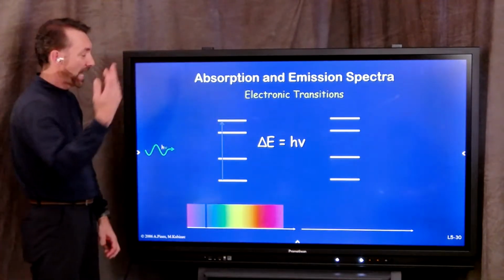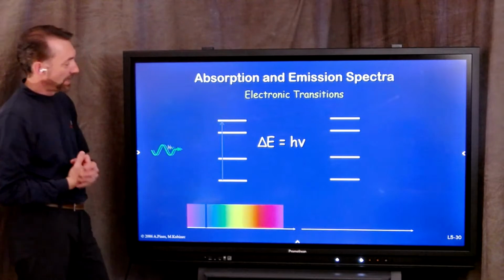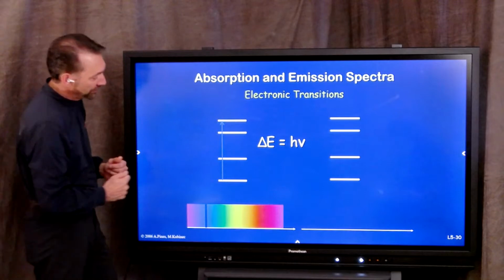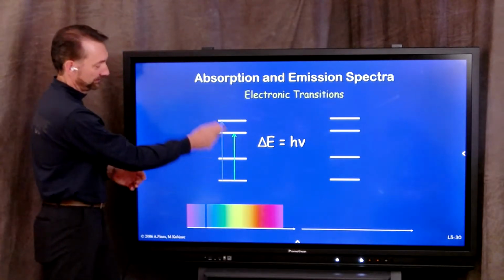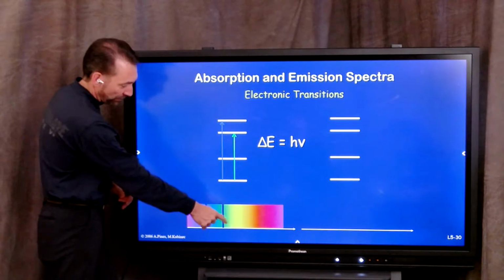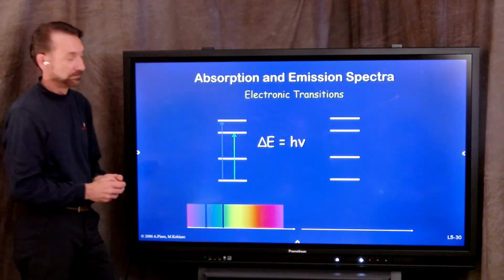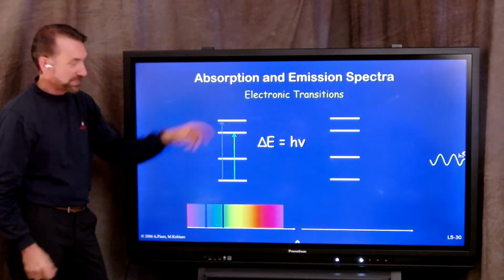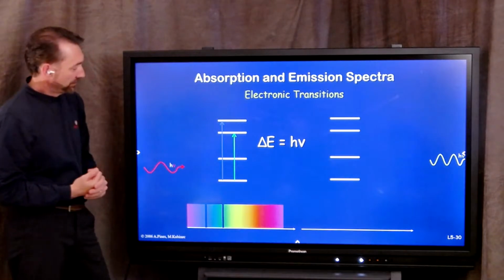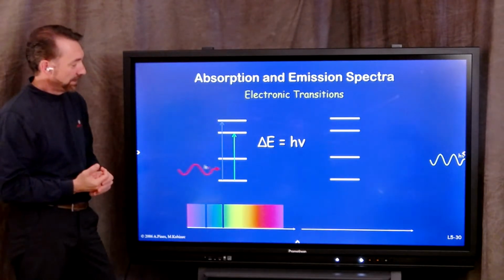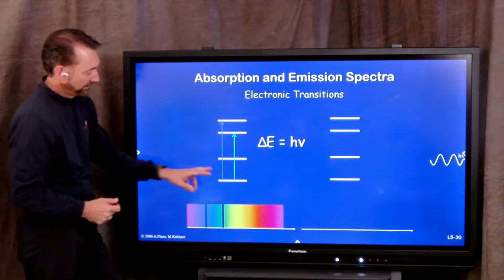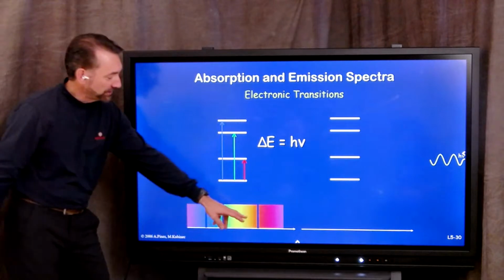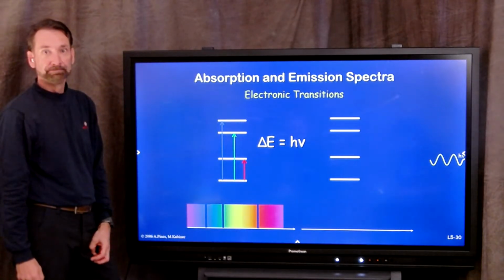This system could be an atom. Here's another wavelength, green, but that one is appropriate in energy for this transition. So that energy would also be absorbed. And there was a yellow, but there were no spacings appropriate for that photon. So here's a photon in the red, and there is an energy, this energy here, appropriate for that amount of photon energy, so that is absorbed as well.